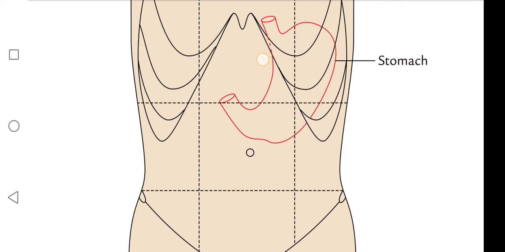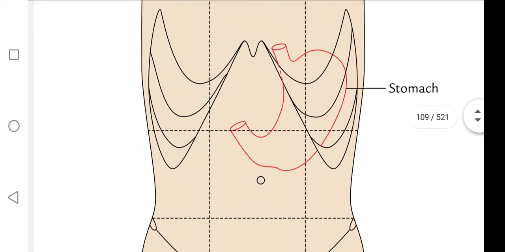The stomach occupies three regions: left hypochondriac region, epigastric region and umbilical region. The stomach lies obliquely and extends from the left hypochondriac region to the epigastric region. If you see, it extends from here to here, left hypochondriac region to epigastric region.